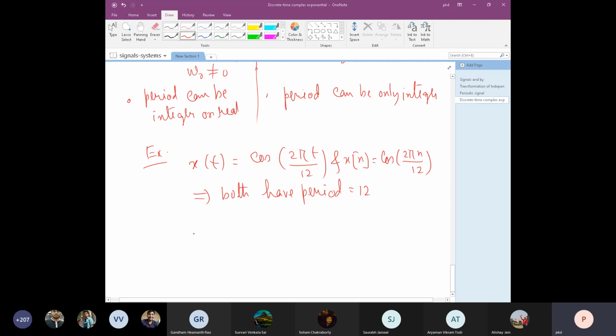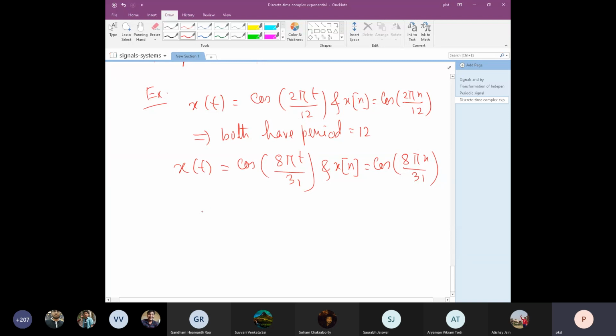The second example that has been given, x(t) equal to cosine of 8 pi t by 31 and x(n) equal to cosine of 8 pi n by 31. So this has period 31 by 4.